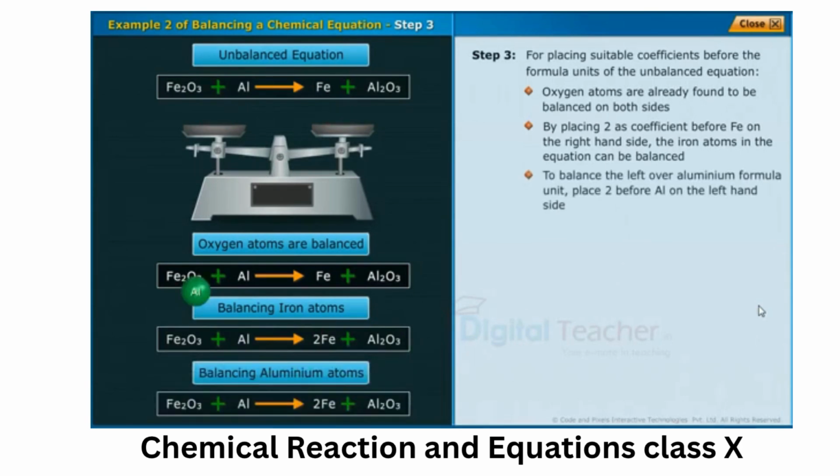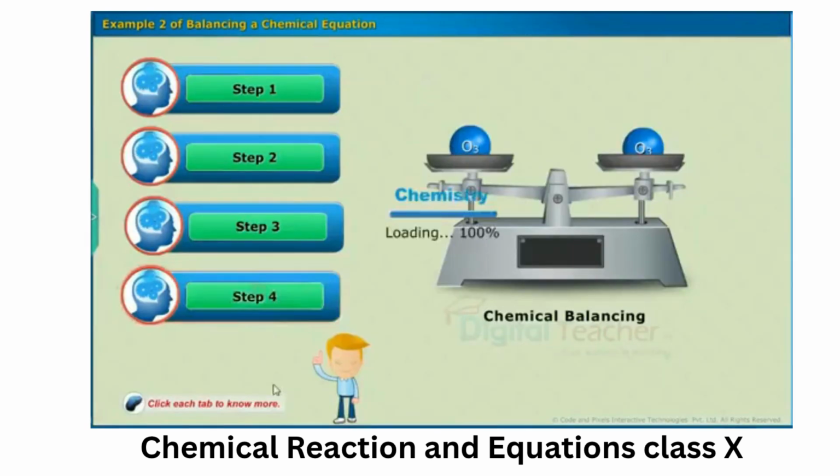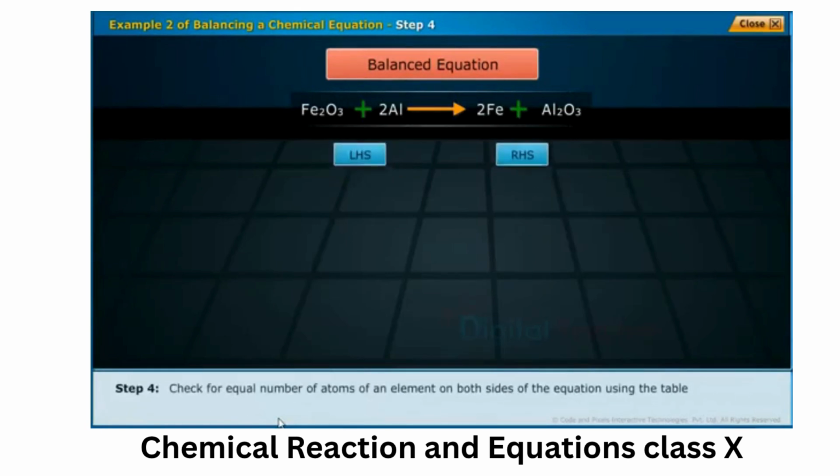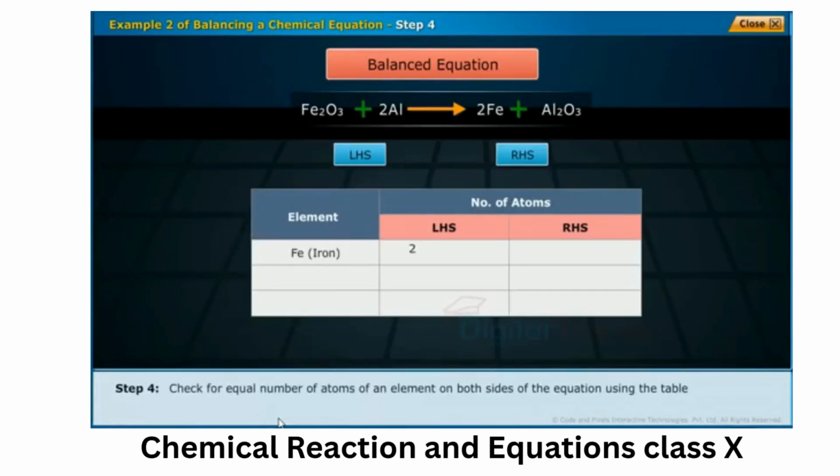To balance the leftover aluminium formula unit, place 2 before Al on the left hand side. Step 4. Check for equal number of atoms of an element on both sides of the equation using the table.